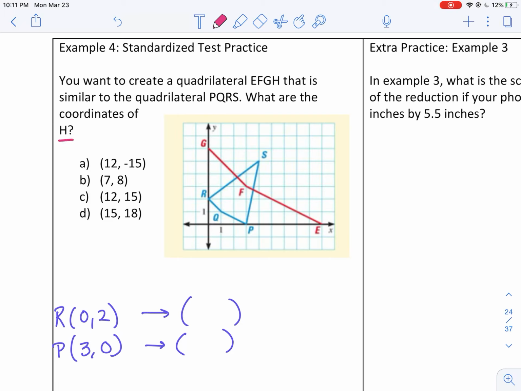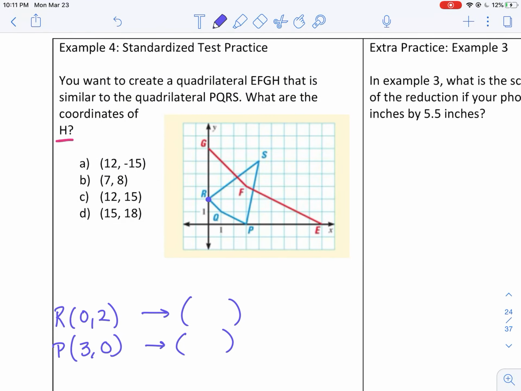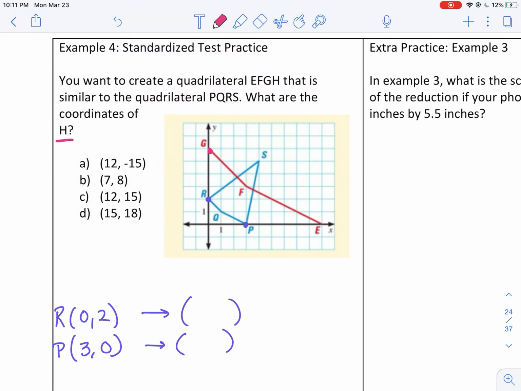All right, so it's asking what are the coordinates of point H? First we want to look at the points that we've been given. Here we have point R, 0, 2, and point P, 3, 0. Point R is mapping to point G up here, and that's at ordered pair 0, 6.